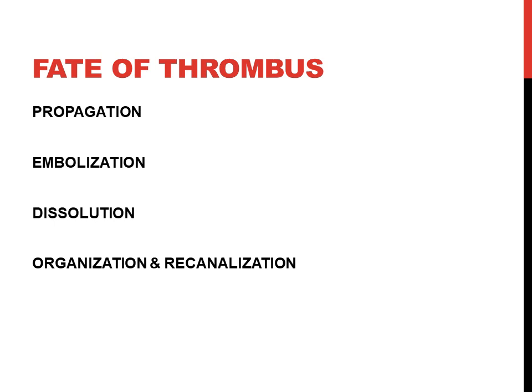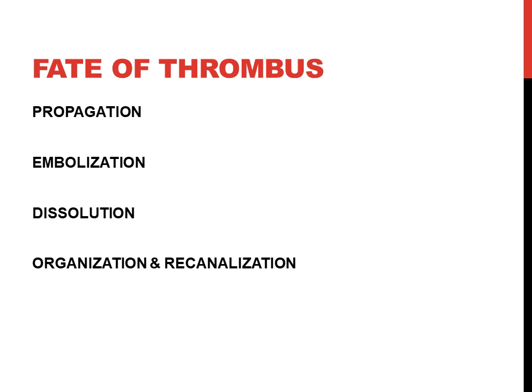Dissolution occurs due to fibrinolysis, which can be natural or due to medications or drugs, resulting in complete dissolution of the thrombus. The fourth very important term is organization and recanalization. Generally, old thrombi become organized as a result of ingrowth of various types of cells, for example smooth muscle cells, fibroblasts, and endothelial cells.